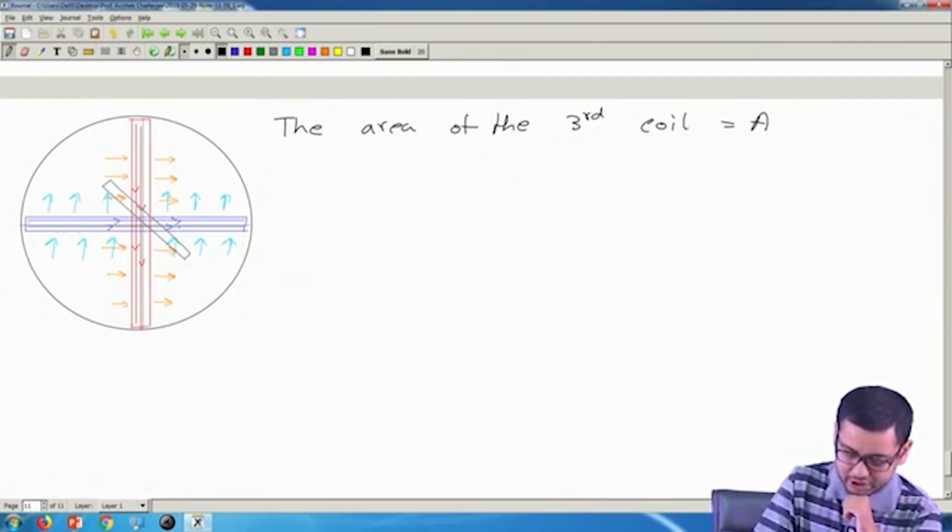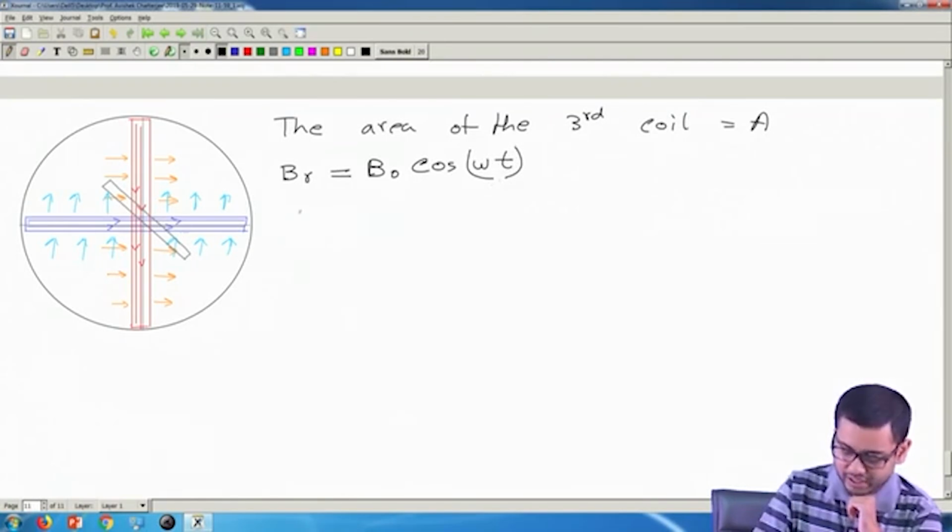Now the flux due to the red coil, Br, we have written this as some B0 times cos omega t. So this is the flux from left to right, and how much of this flux goes through this third coil will depend on this projected area of the third coil.